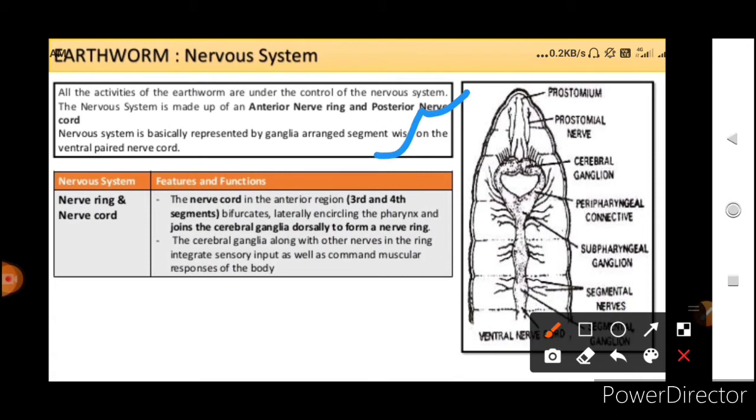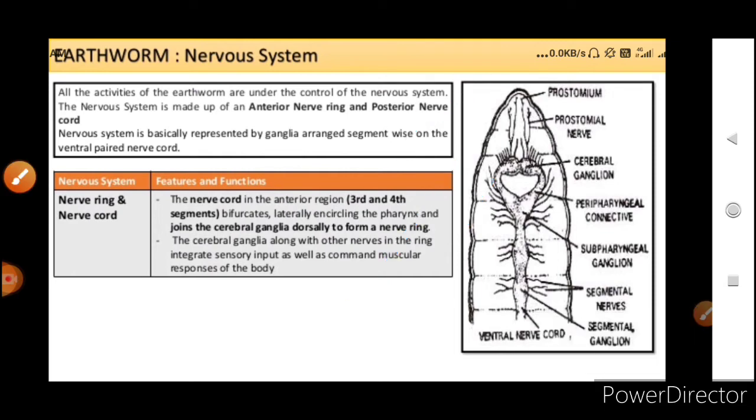The nerve cord in the anterior region, that is the third and fourth segment, bifurcates laterally, encircling the pharynx and joins the cerebral ganglia dorsally to form a nerve ring. The cerebral ganglia along with other nerves in the ring integrate sensory input as well as command muscular responses of the body.